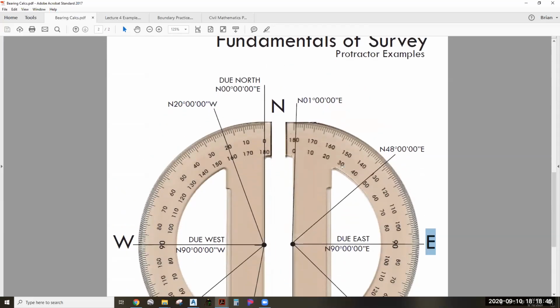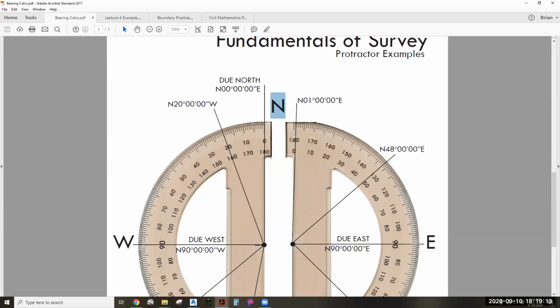Once you understand that, a bearing is always in relation to the first letter. The first letter is an N, so I start at N and fall towards the east. Bearings are always in association with the first letter, not the second letter.